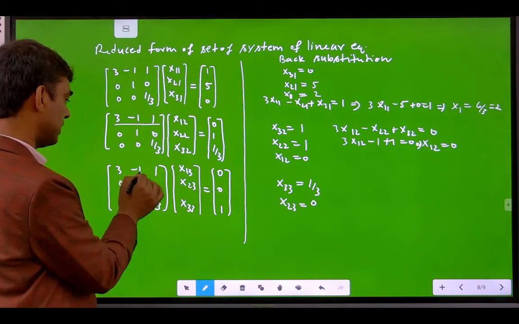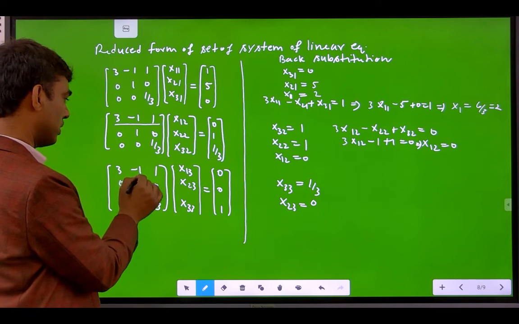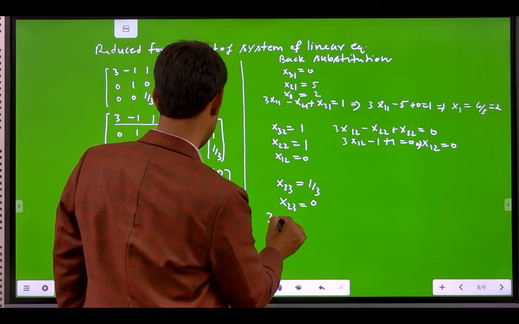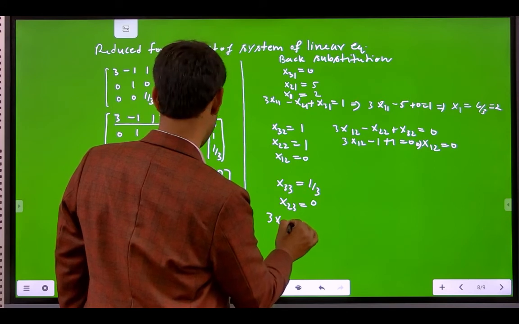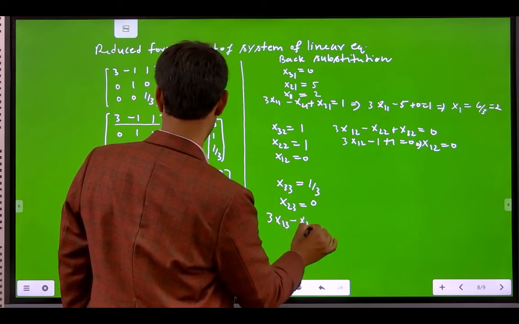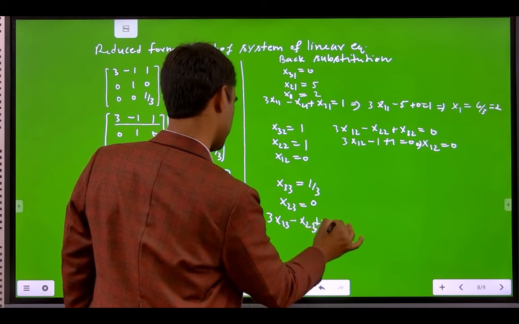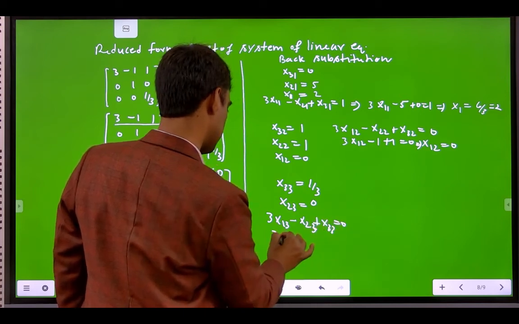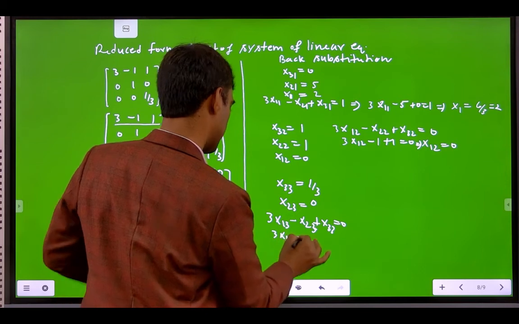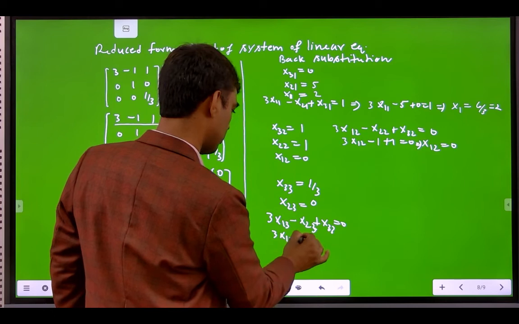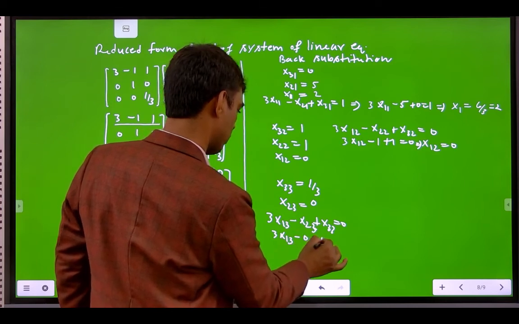If we perform 3x13 minus x23 plus x33 equals 0, so 3x13 minus x23, with x23 being 0, plus 1 by 3.